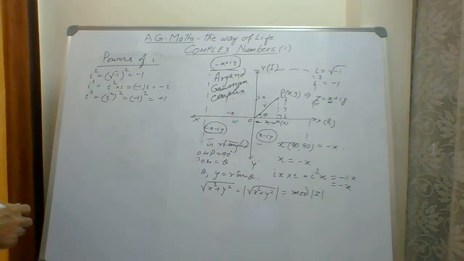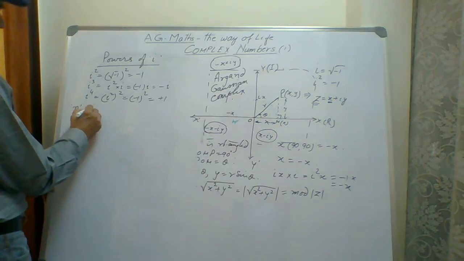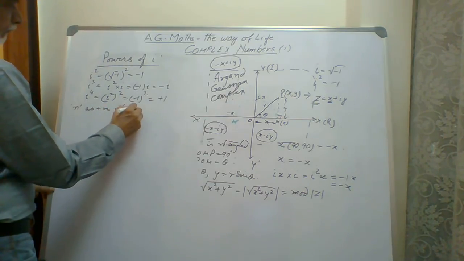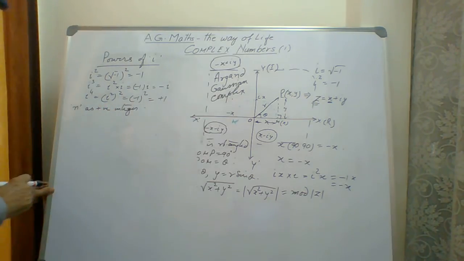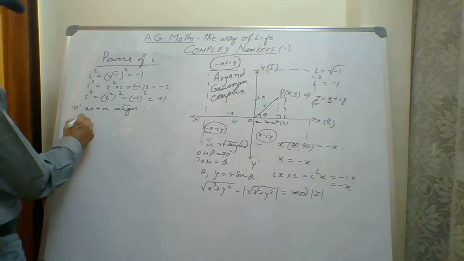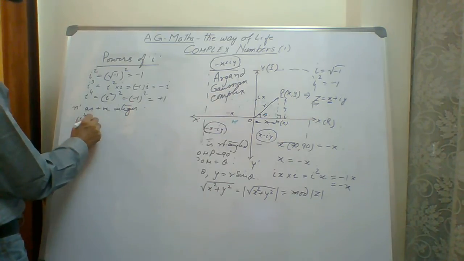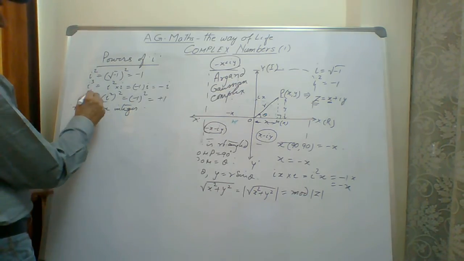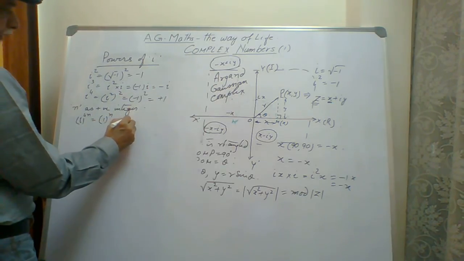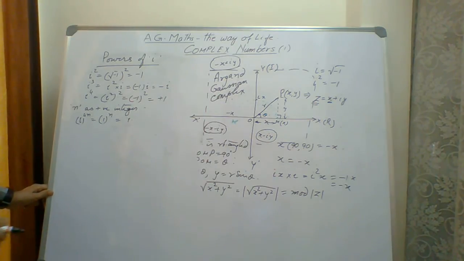Now if n is a positive integer, and I say i to the power of 4n, then the value will be i power 4 is plus 1, and 1 raised to the power n will give me 1. That is what i power 4n is.